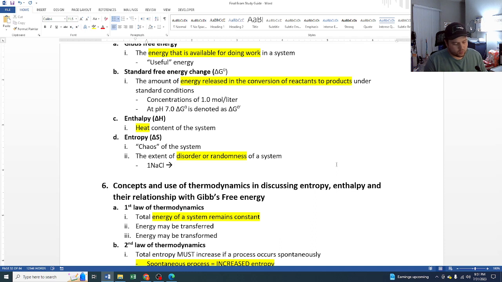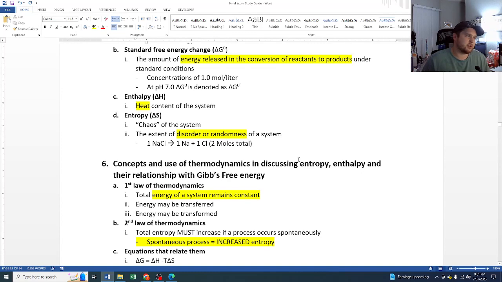When you put that in water, it's going to dissolve, and you're going to get 1 mole of Na+ and 1 mole of Cl-. They separate from each other. Now in total you have 2 moles, where before you had 1. Therefore, you have increased entropy, or increased the likelihood of a reaction occurring. Hopefully that makes a little more sense about what entropy is.